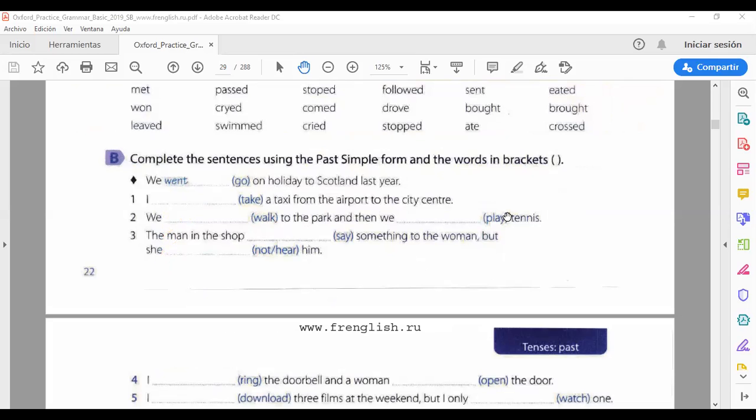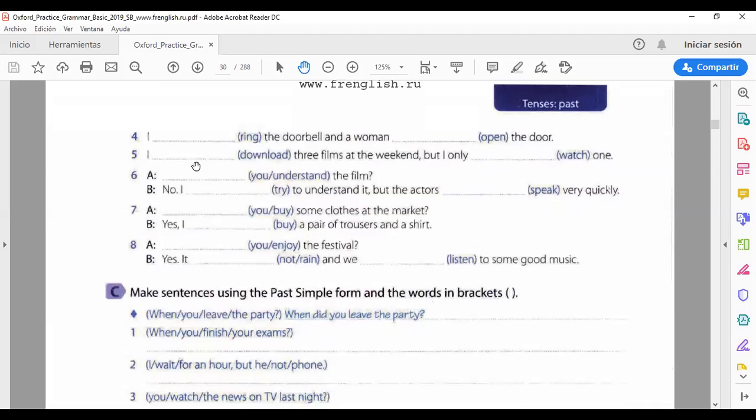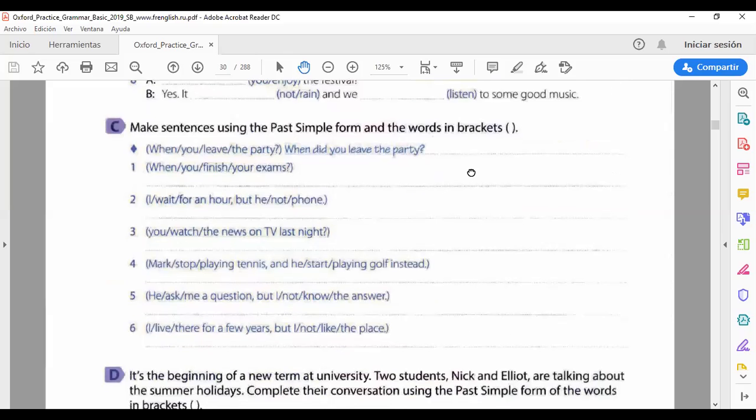Just make sure that you are using the correct form. Right here is the same activity. Make sure you have the correct verb, the correct form, the correct spelling. Okay, and we're going to go through this information next virtual class. Okay, so I'm going to stop the video right now.